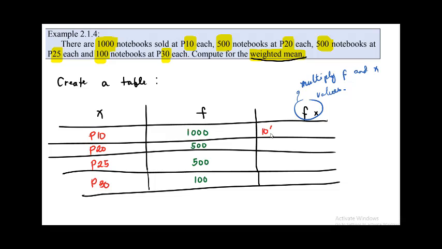That is 10 times 1,000, 20 times 500, 25 times 500, and 30 times 100.